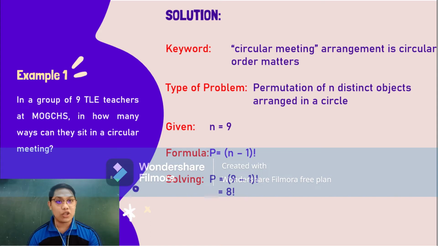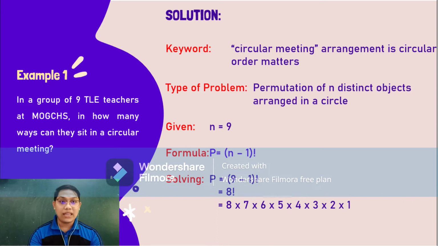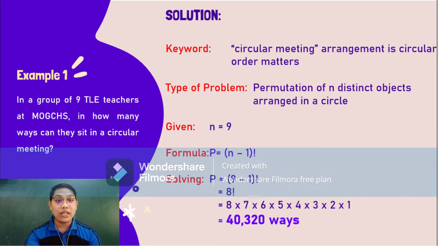So, ang ito pag-factorial, we just need to multiply 8 times 7 times 6 times 5 times 4 times 3 times 2 times 1. And if we multiply these numbers, ang iyang product is 40,320. Therefore, there are 40,320 ways that the group of 9 teleteachers can sit in a circular meeting.